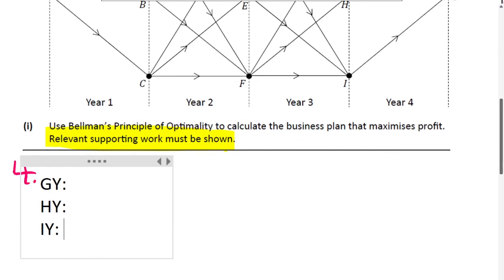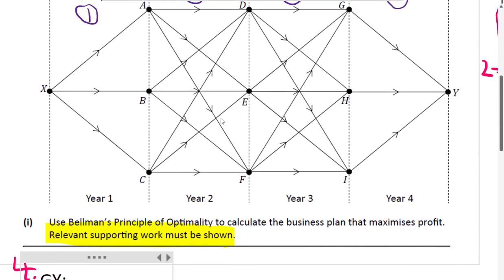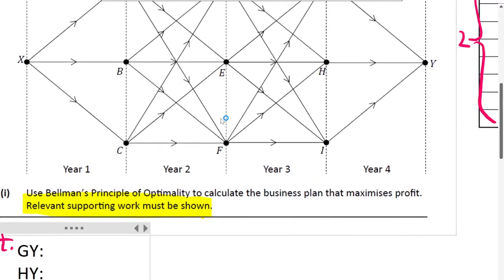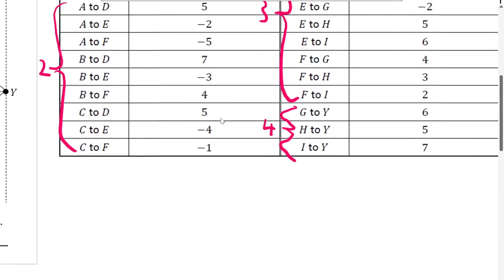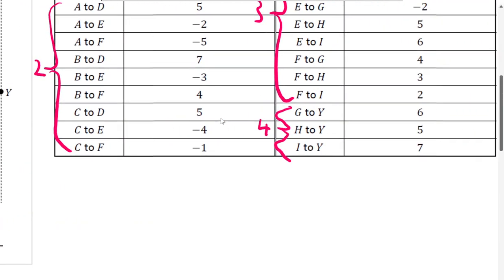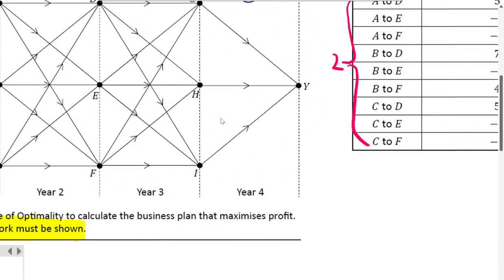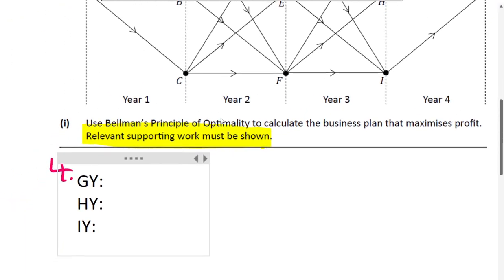They are the 3 paths in stage 4, and they have certain weights, and the weights are all over here. GY is 6, HY is 5, and IY is 7. Okay, cool. So that's easy enough if you can remember. So it's 6, 5, and 7.